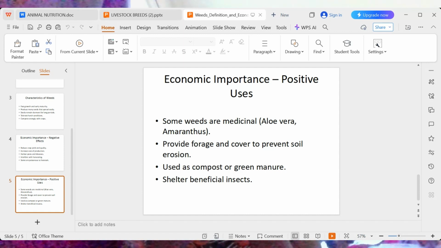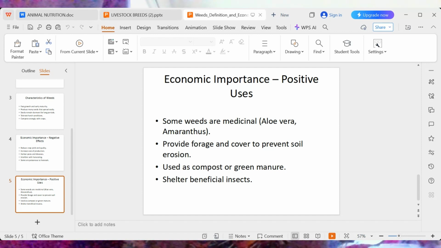Our next is that weeds are also used to make green manure. For example, the maize stalk, we use them to make compost, which is used as manure, applied to the crops, hence increasing the crop productivity.